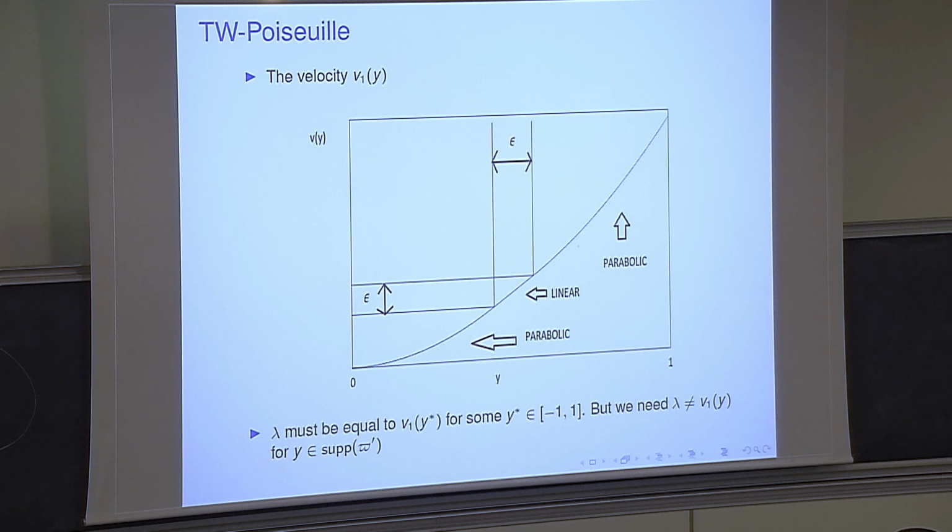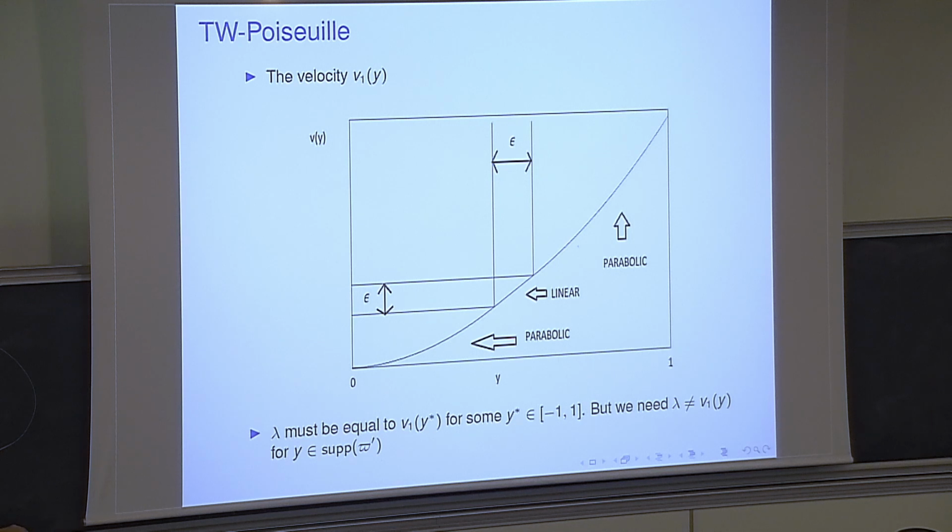Okay, the velocity of the flow is going to be the speed of the wave, at least at a point. Okay? You cannot avoid that. But in our analysis, we cannot allow that the speed lambda is equal to the velocity v1 at a point in which we are solving the equation. Okay, we need that point out of our domain.